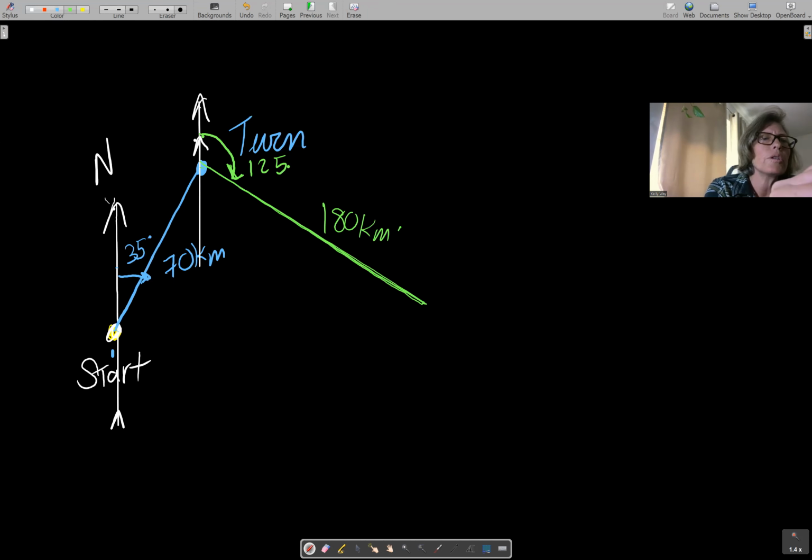So that's our turn. Here's our end point. And the ambition is to find this distance, which is X kilometers.